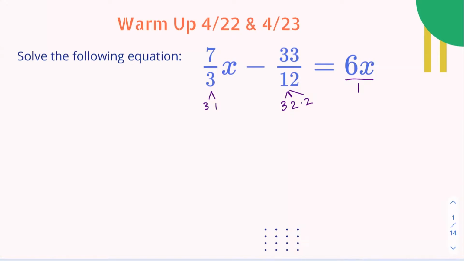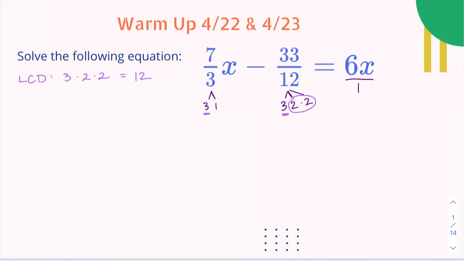So if I'm thinking about my least common denominator, we can see, okay, just like we did with expressions in Learning Target 1, they have a 3 in common, so I take that once, and then they have 2 2's not in common, so I have to put those both in my LCD as well, right? You take anything they have in common once, and then anything they don't have in common, you also have to multiply in. So my LCD ends up being 12.